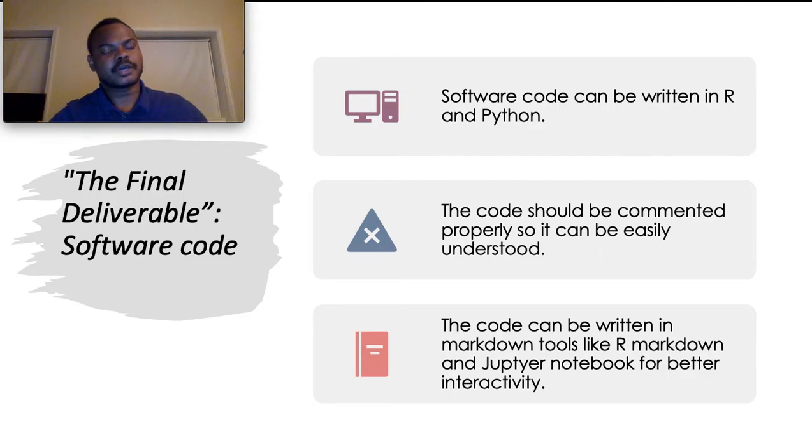So in terms of the software code, we need to realize that the software code can be written in Python and R. As with every computer science understanding and background, it's important that this code is commented properly so it is easily understood. And this data science project can be written in Markdown tools like R and Jupyter Notebook so that you can easily interact with it.